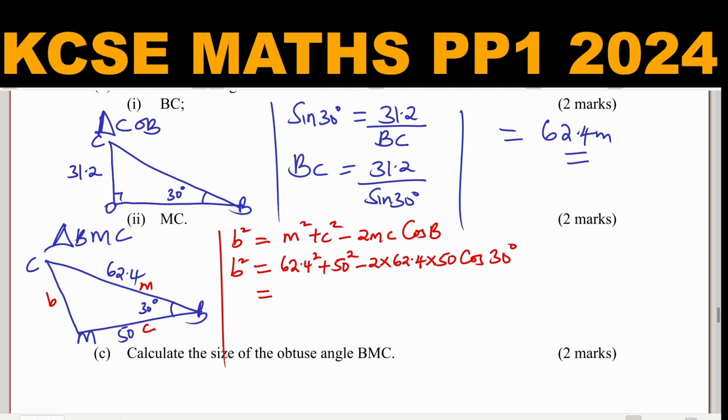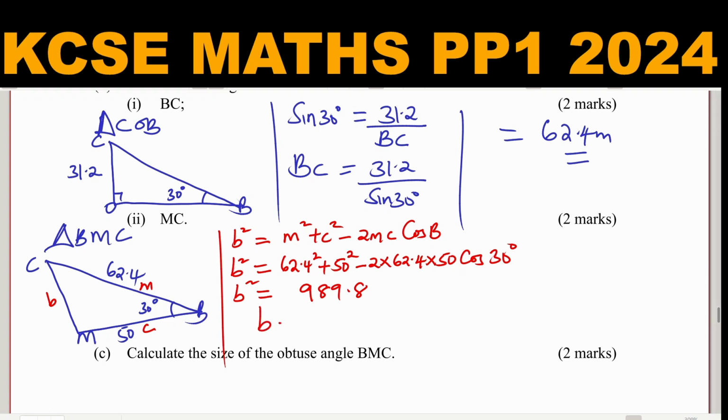At this stage you can simply feed everything into the calculator, and to simplify the workings, you get 989.8. That is B squared. We need B, not B squared.